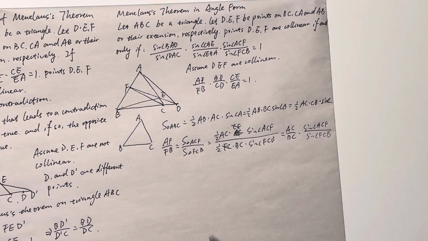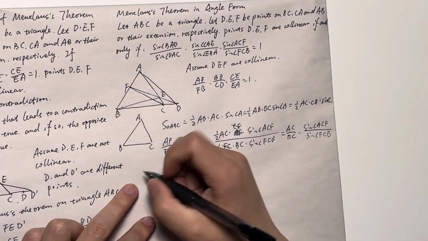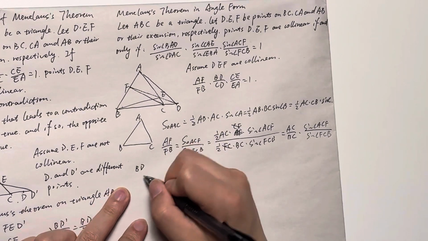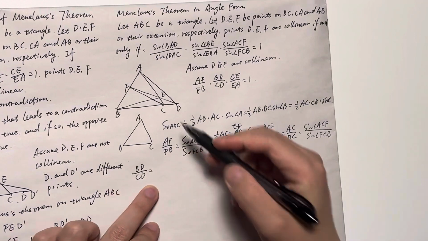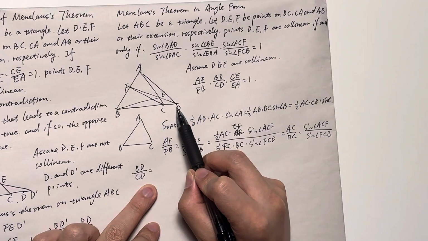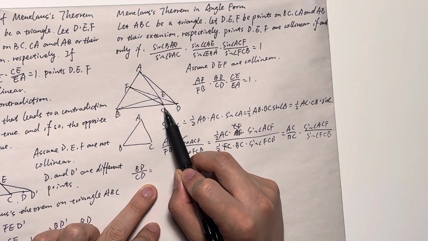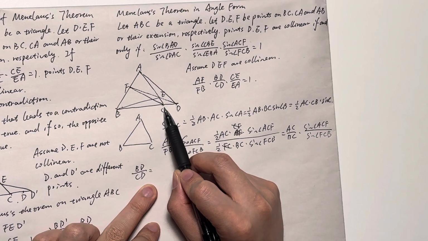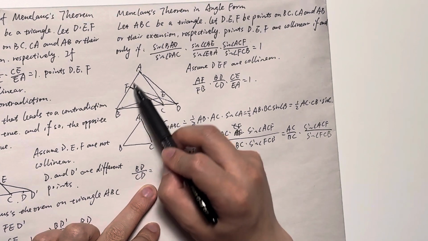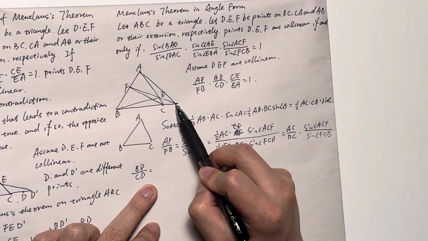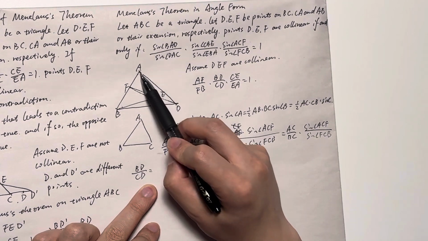Right, and for the next term, BD divided by DC, we want to relate it to the angle BAD and DAC.